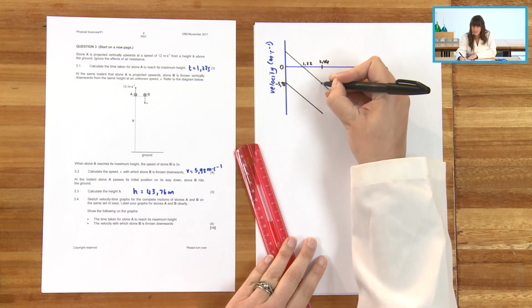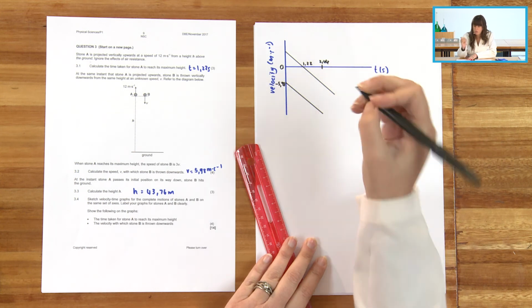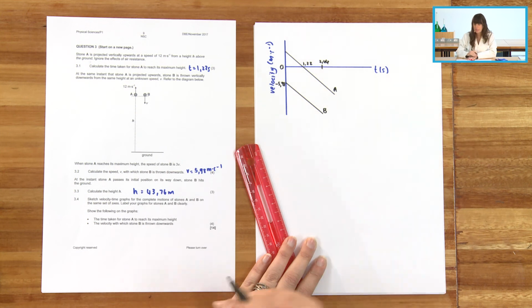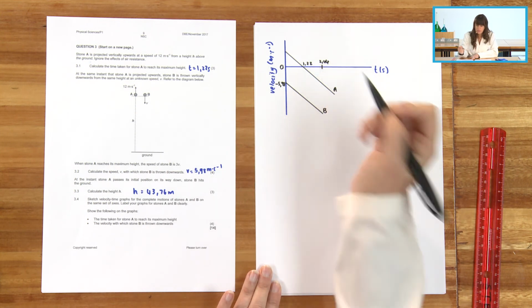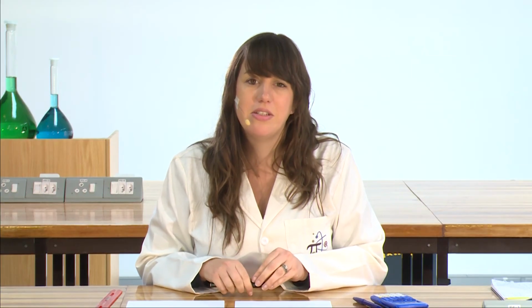But stone A carries on after that, so notice that graph A carries on afterwards. Remember, we must make sure we label these graphs clearly so they can see which is which. You don't need to include this time. I just wanted to show you so that you know for future reference. So that brings us to the end of question 3.4 for November 2017.